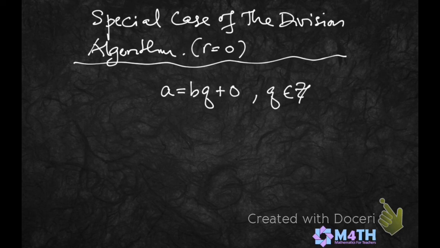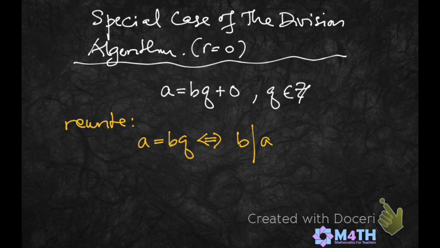This equation can be rewritten as a equals bq if and only if b divides a. You remember b divides a?